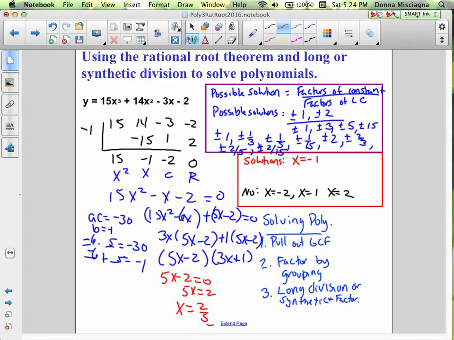Notice that 2/5 is in our list someplace. There it is, right? But that's not the one we want to try. We want to try a rational solution. And then our other one is 3x plus 1. Subtract 1 from both sides. 3x is -1. Divide by 3. x is -1/3.